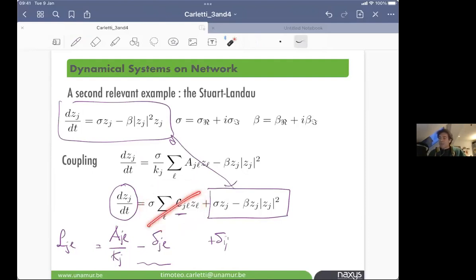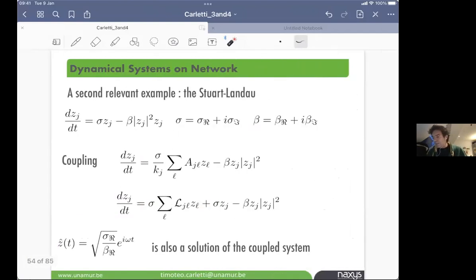So if the coupling is 0, I don't consider the network anymore, and I end up, as expected, with n isolated Stewart-Landau systems, each one converging to its own limit cycle because it's stable under the condition that I just used. But now you have these new terms. And the question is: is it possible that the new terms change the stability of this solution? Is it possible that they destabilize it?